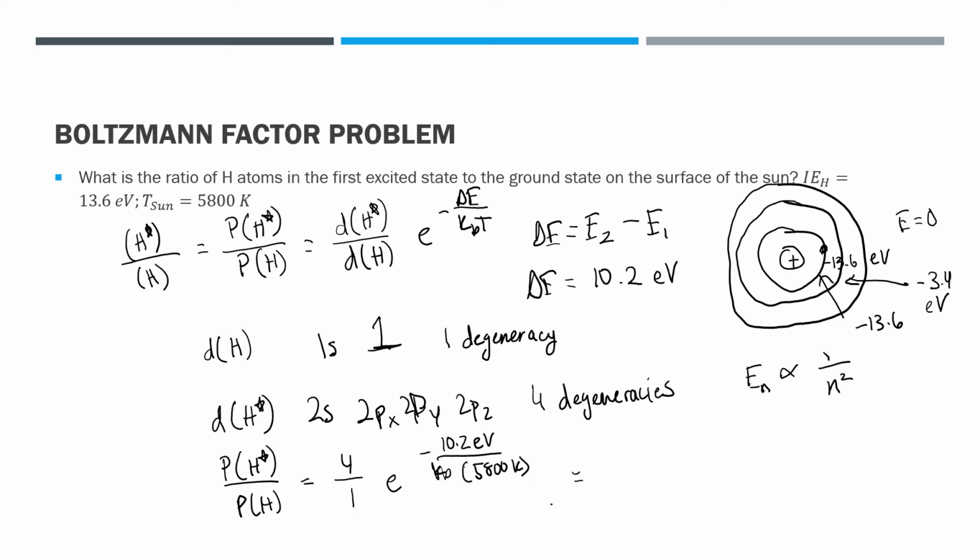You can plug this into your calculator, and you should get something like 5.5 times 10 to the negative 9, which you can also represent as 5.5 divided by 10 to the 9. This basically tells you that for every billion ground state hydrogen atoms, we have around 5 excited hydrogen atoms at the surface of the sun.